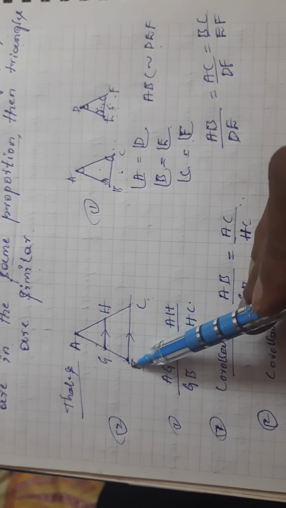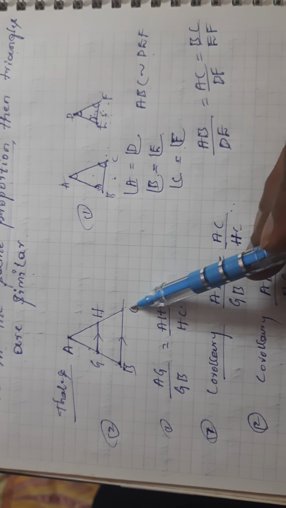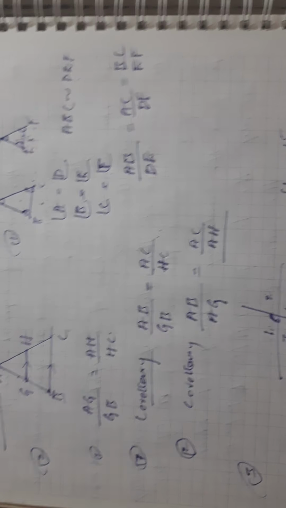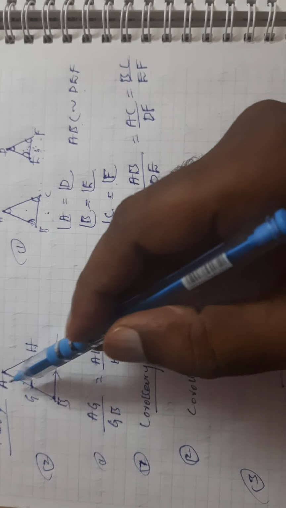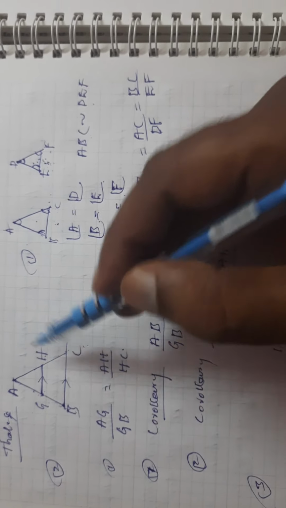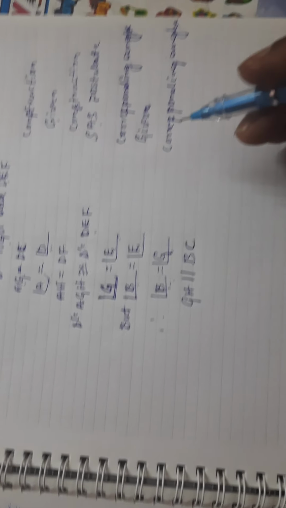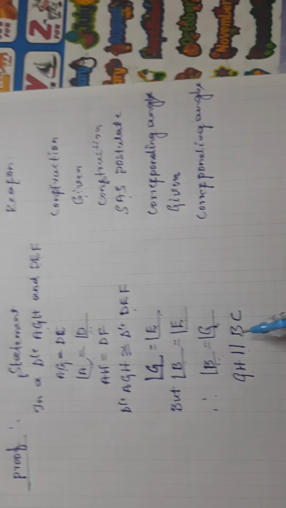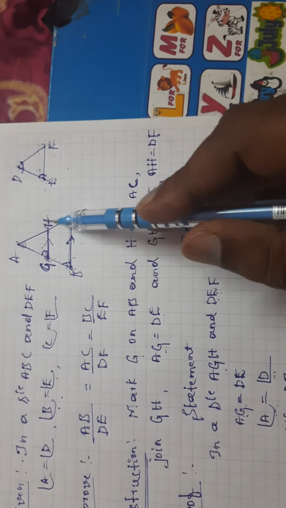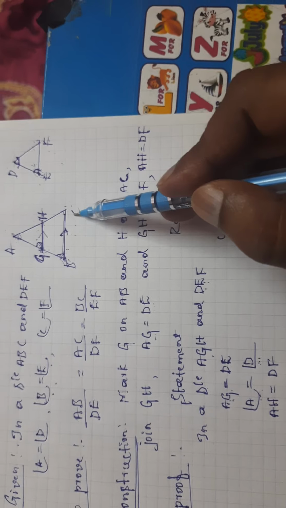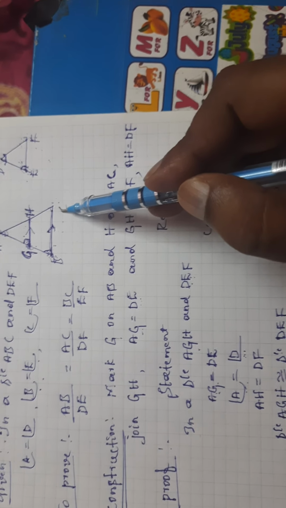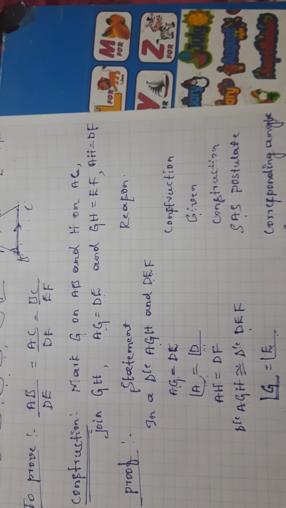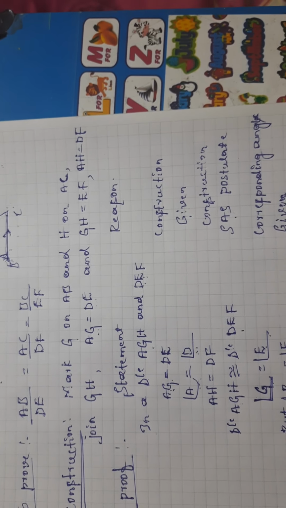Using the corollary of the Thales theorem, what about the sides?